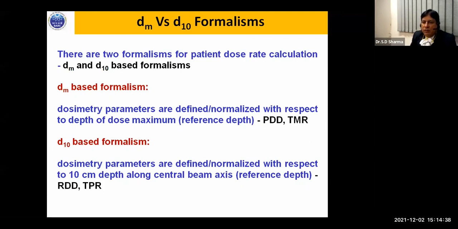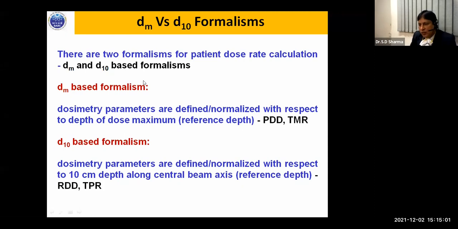Whenever we started using megavoltage beams, they had the characteristic of dose buildup, and ultimately we have a depth of dose maximum point. All the parameters needed for dosimetry calculations are defined with respect to the dose at the depth of dose maximum.